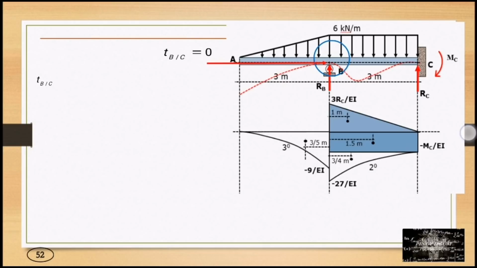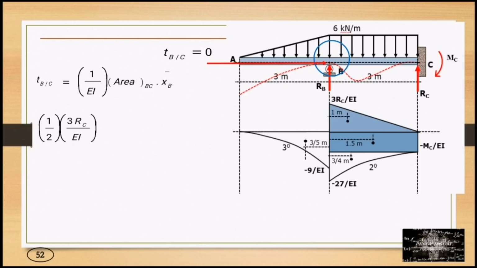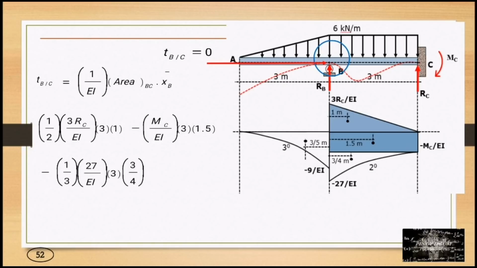TBC is equal to 1 over EI times the area of the moment diagram between points B and C times the x bar B. So, 1/2 times 3RC over EI times 3 times 1, minus MC over EI times 3 times 1.5, minus 1/3 times 27 over EI times 3 times 3/4 is equal to 0.